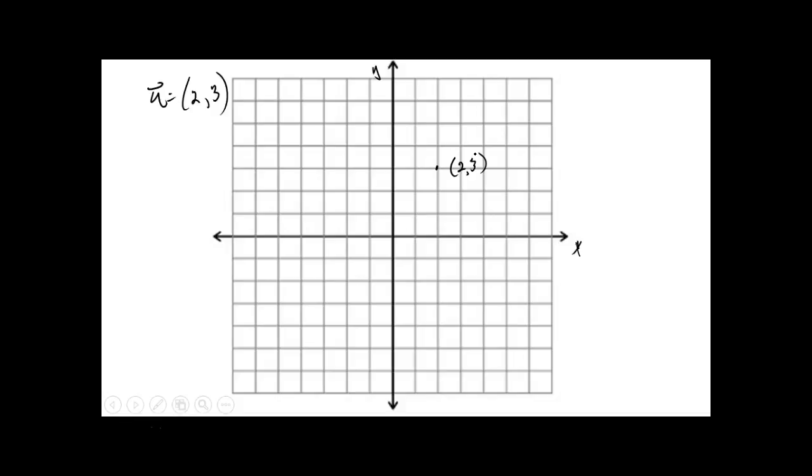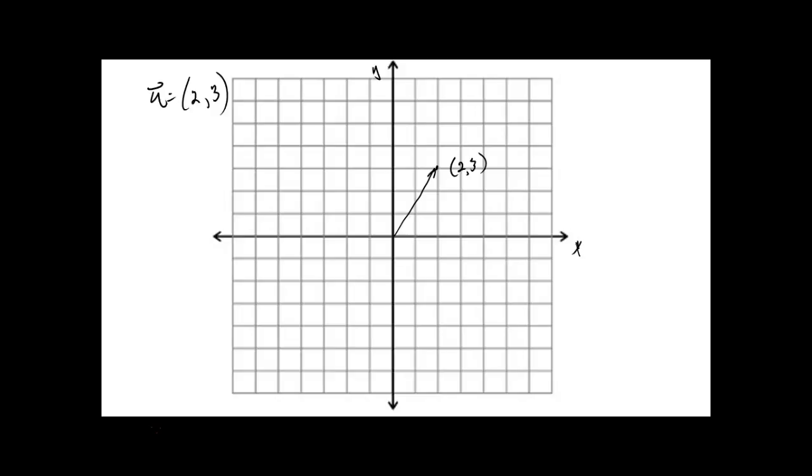Points are given as ordered pairs in the plane, 2 on the first coordinate, 3 on the second coordinate. Okay, we got that. It's still not a vector though. What would be the vector? From the origin to that point. Directed line segment. Now, you don't have to put the arrow on the end. I usually do because vectors are directed.